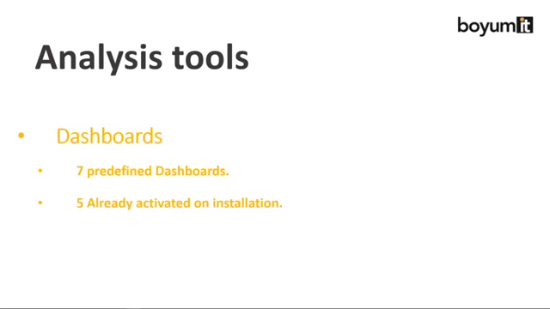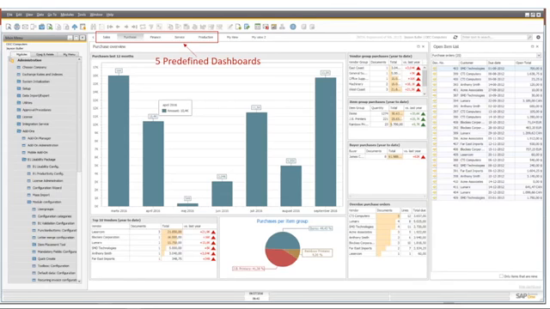And one of the latest modules we added this year is the dashboard module. We already created 7 predefined dashboards that are installed when you activate this module. This is only available for customers that have the 2017 maintenance and up. When you activate this module, we already have 5 predefined dashboards activated.